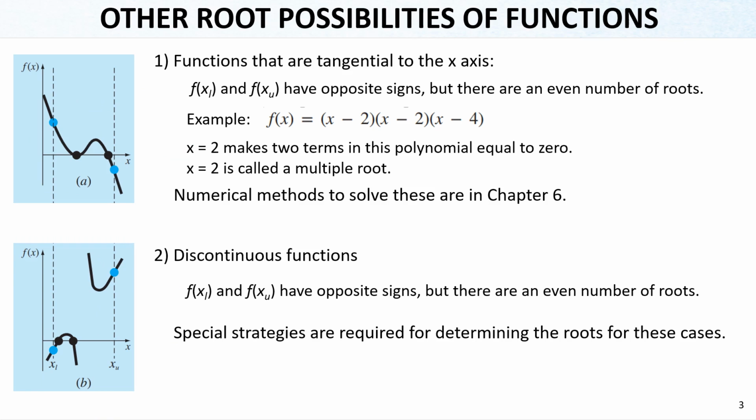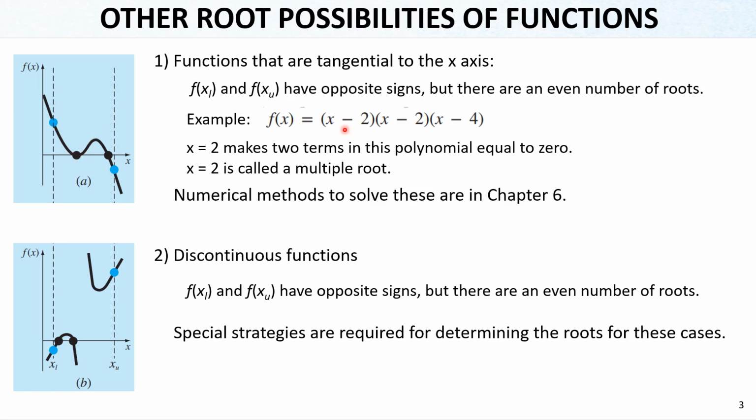For example, here again there is a different sign of the lower and upper bounds, but there seems to be 2 roots only. Actually here we only have a tangential root, let's say. The function is simply tangential to the x-axis, not crossing and passing to the other side. It's just tangentially moving upward again, and that's why here there are 2 same roots.